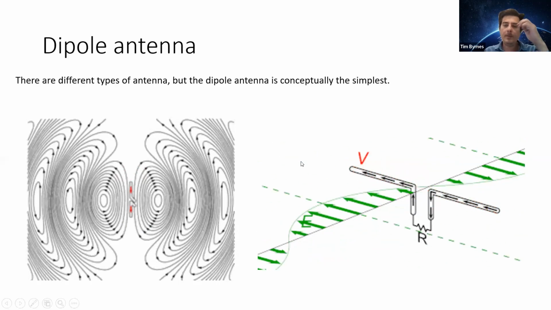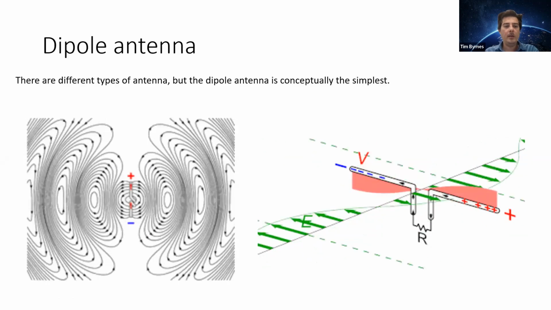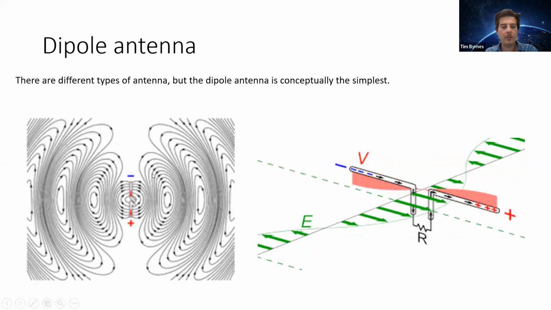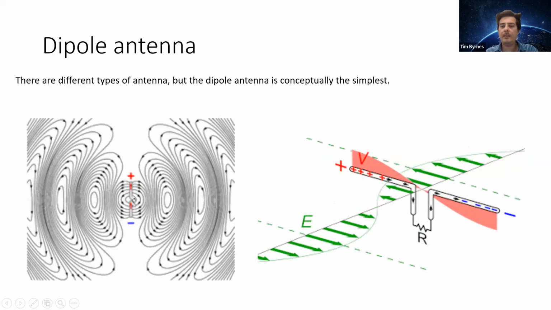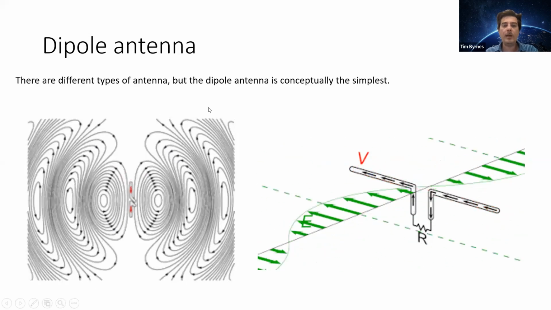A typical way of doing this is through an antenna. This is basically what happens in an antenna. There are positive and negative charges which oscillate back and forth within the antenna, and this produces electromagnetic waves.